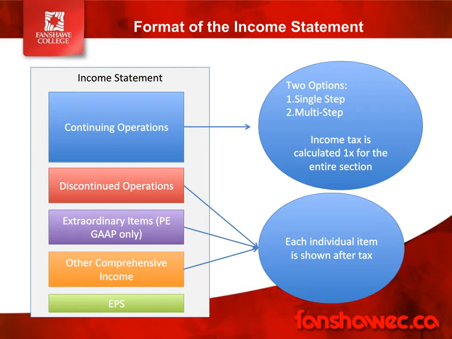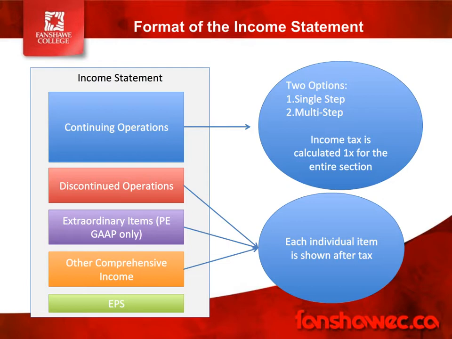So if we do an income statement and the only section we have is continuing ops, imagine there's nothing that's discontinued, imagine there's nothing that's extraordinary and no OCI, we would calculate one EPS. It would be based on the net income from continuing ops. But if you have discontinued operations and or extraordinary items, you have to calculate EPS twice.